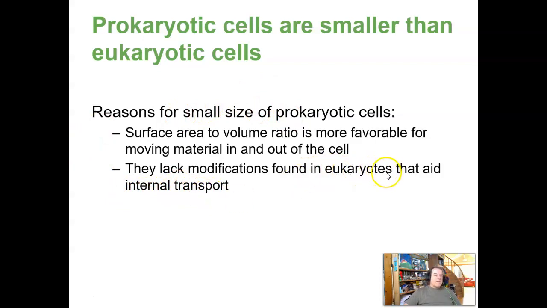They can't be infinitely large, but they can typically be up to 2 orders of magnitude larger than a prokaryotic cell. What do I mean by 2 orders of magnitude? Well, a prokaryotic cell might be 1 micrometer in diameter. A eukaryotic cell, 2 orders of magnitude greater than that, is 100 micrometers in diameter. And those are kind of typical numbers. Those are not unusual numbers at all.